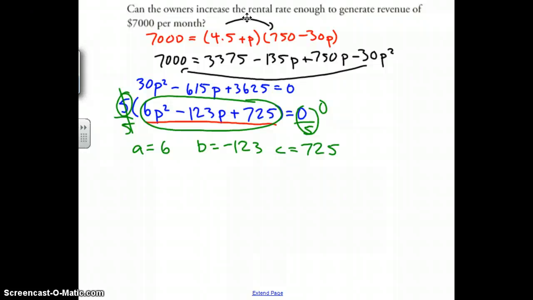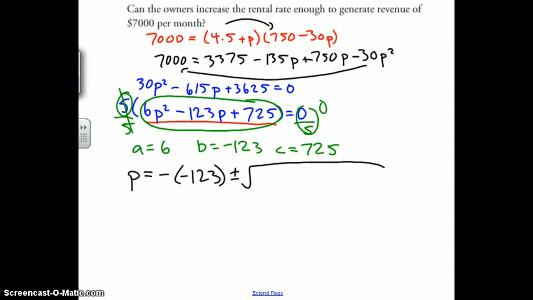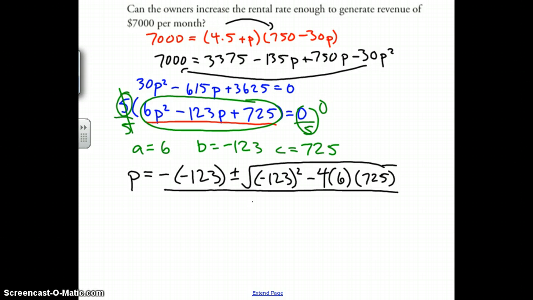In this case, it's not x equals, it's p equals negative 123 plus or minus the square root of b squared minus 4ac, all over 2 times 6.